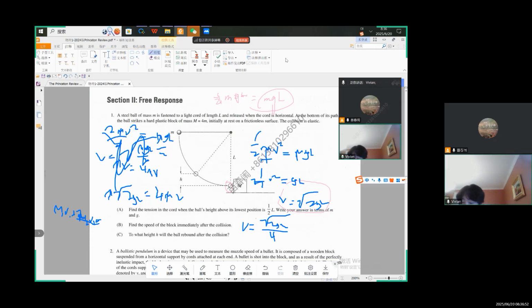Immediately after the collision. Yeah, the box immediately after the collision. Total energy.